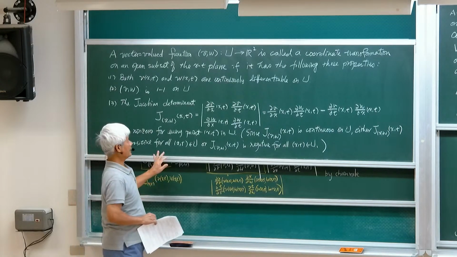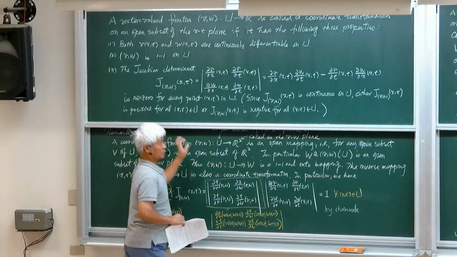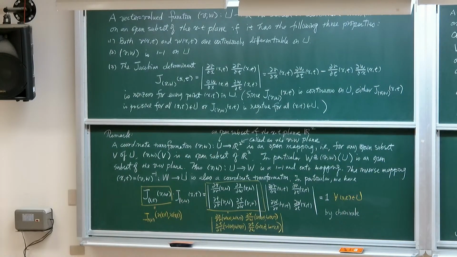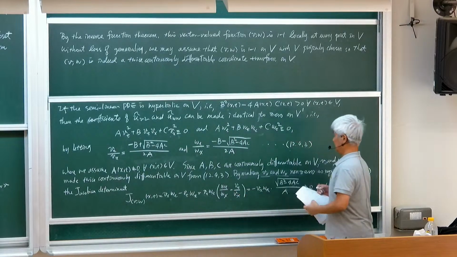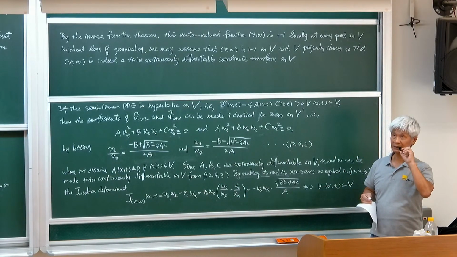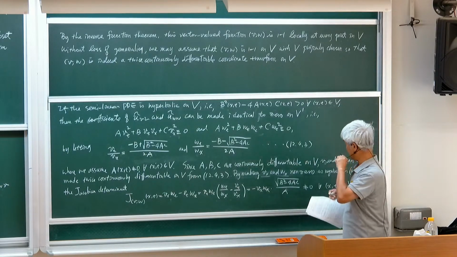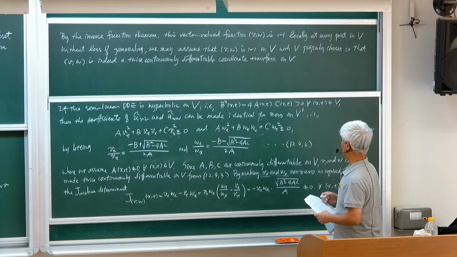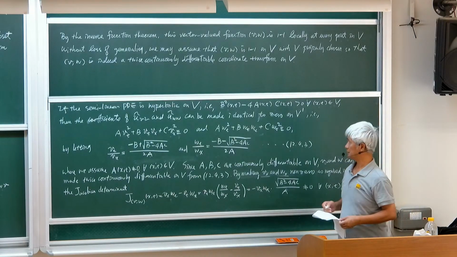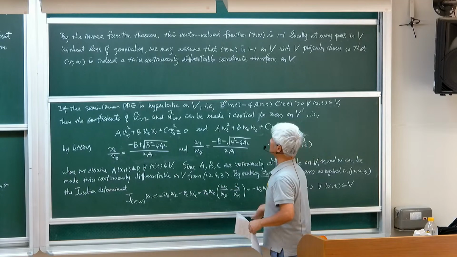But fortunately, when we use the inverse function theorem, we know that if a point has non-zero Jacobian determinant, then we have a one-to-one mapping locally and onto.